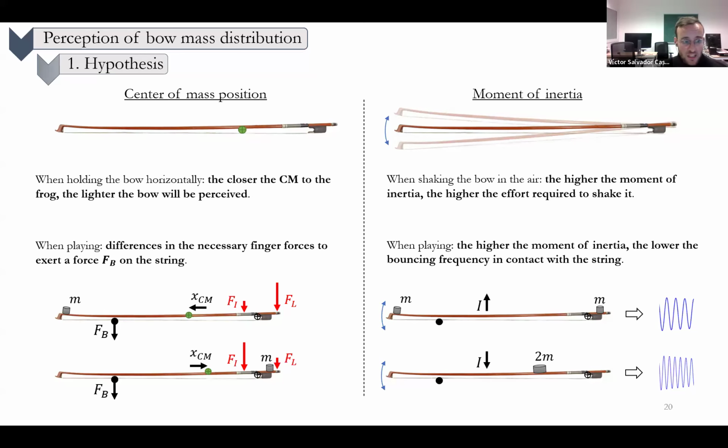And on the other side, when playing, there will be differences when playing horizontally, differences in the necessary finger forces to exert a specific force on the string.